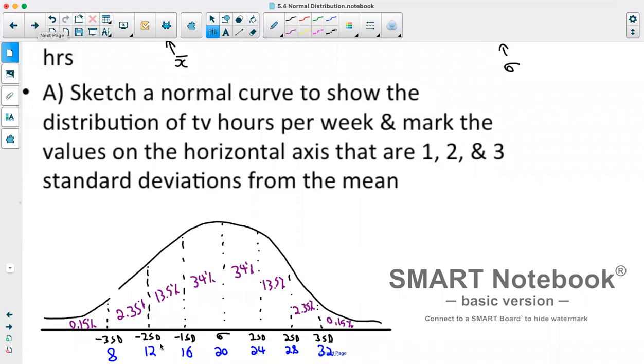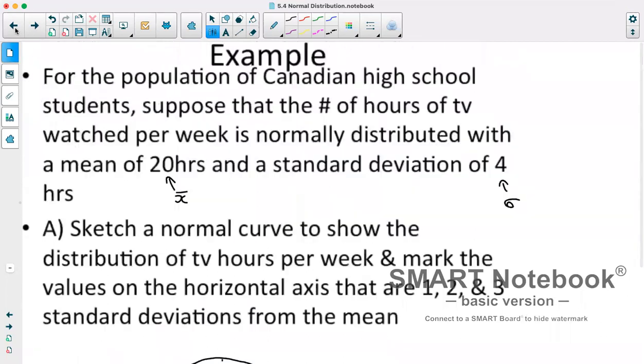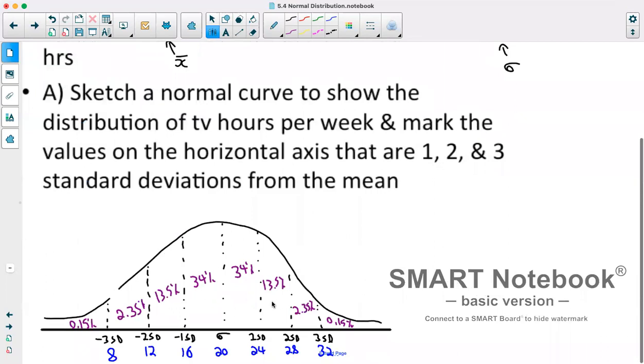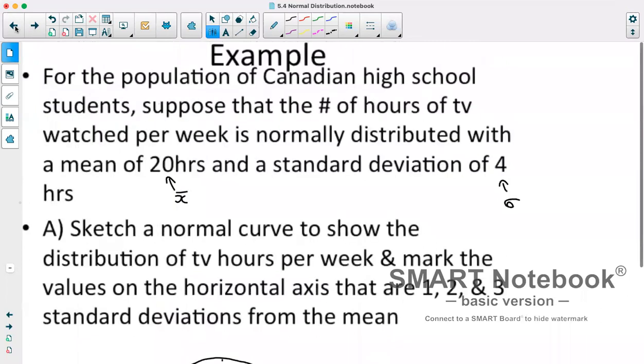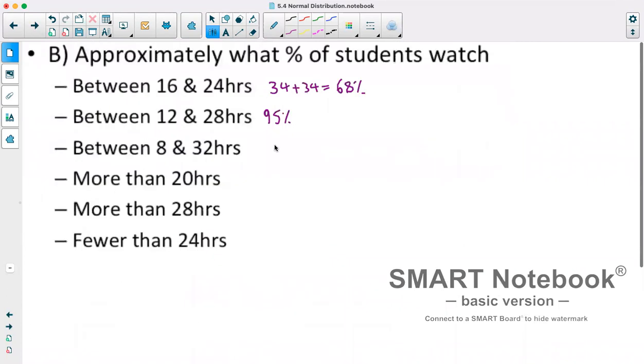We should know that 2 standard deviations either side should be 95%. We could also, if we wanted, add these up, and this plus this plus this plus this should give us 95%. Now 8 and 32 hours. That's 3 standard deviations either side. So we should know that that is 99.7%. We can also add them up to get the same thing.